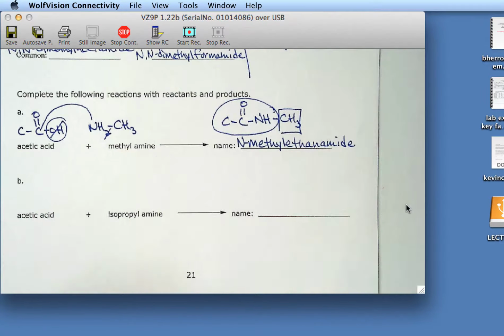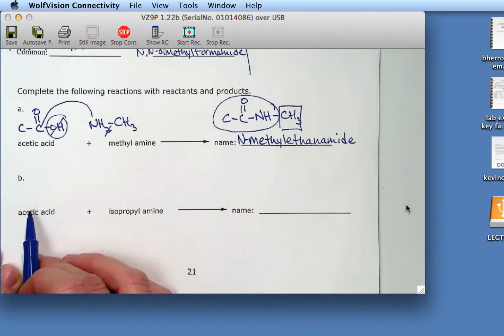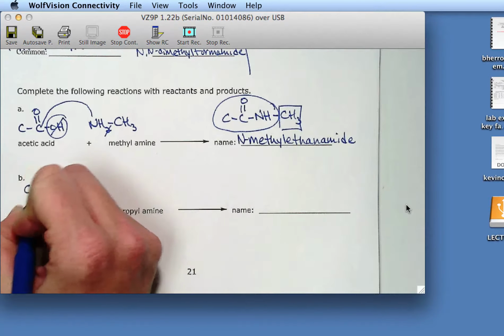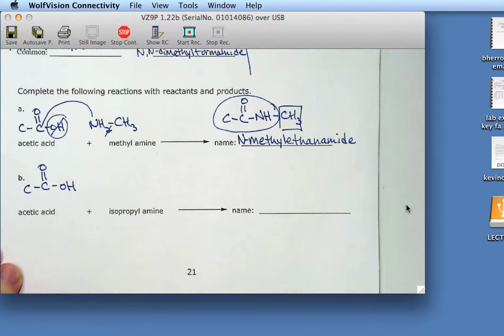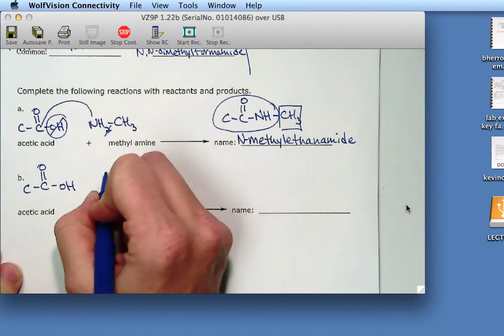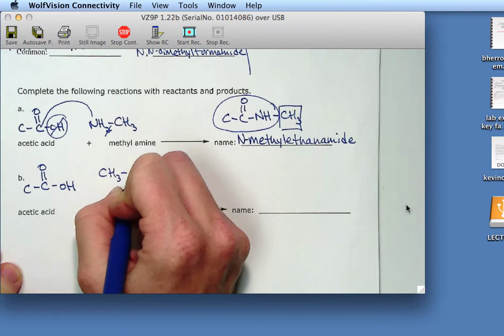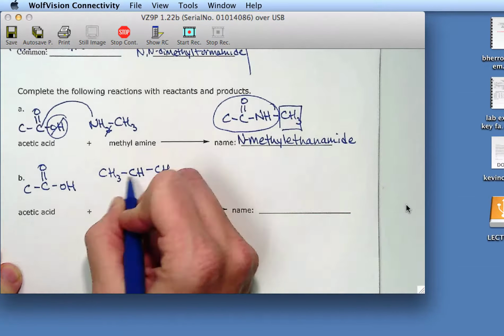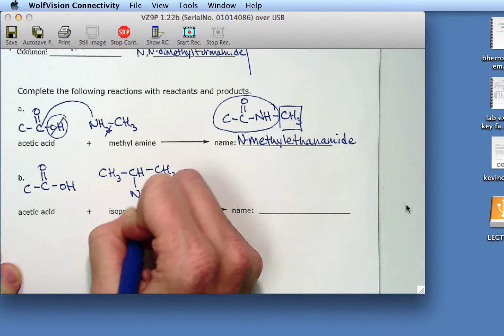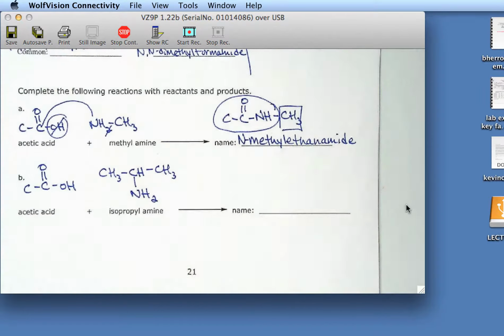All right, so we have acetic acid again. 2-carbon carboxylic acid. Isopropylamine. What does that look like? CH3, CH, CH3. I know. Yeah, those alkyl groups that you're trying to forget from Unit 3, you'll see them again in Unit 4.